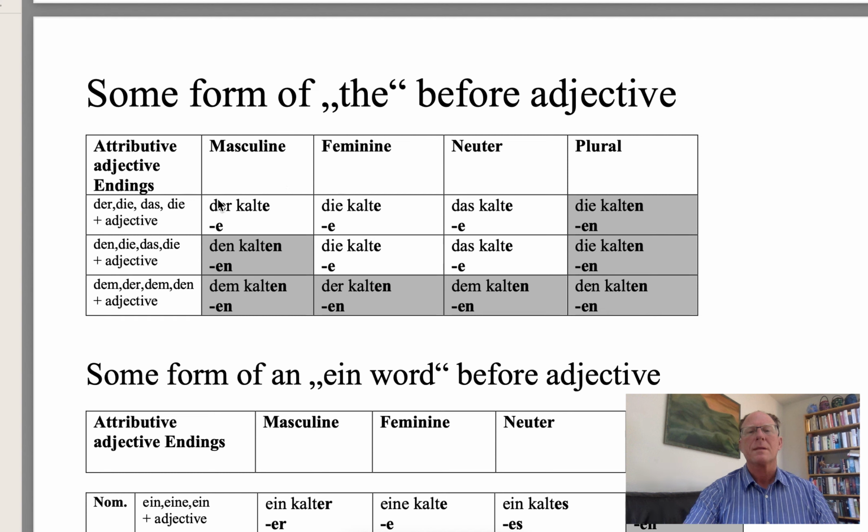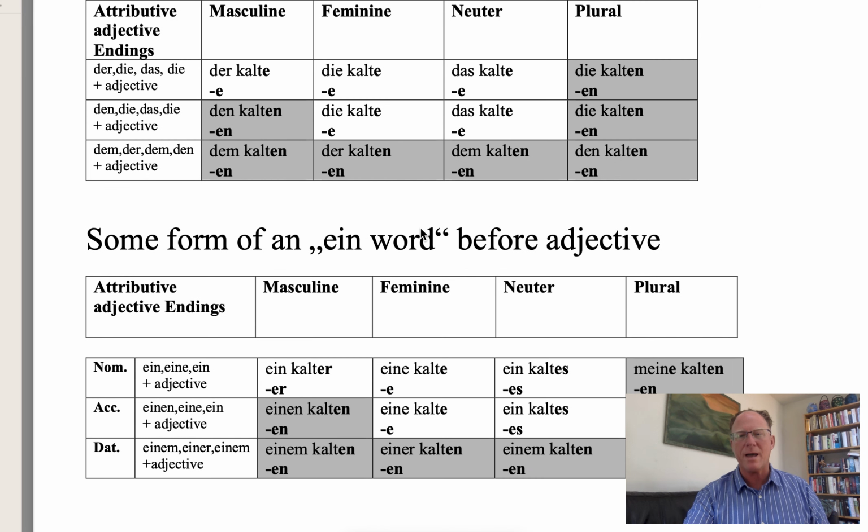Or what goes on inside, so maybe the state of Oklahoma, for example, those are e endings for the adjectives. So if you have some form of the before the adjectives, it'll look kind of like a rook of a castle for the en, and kind of like Oklahoma for the e ending, if you want to remember the pattern.